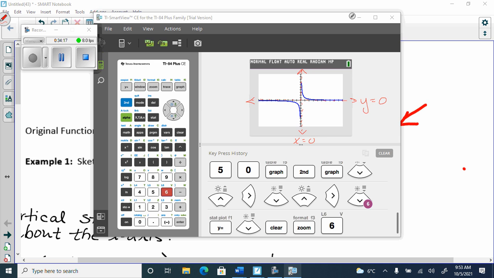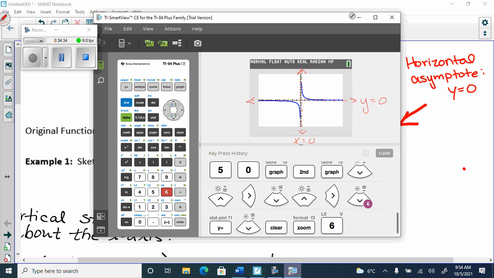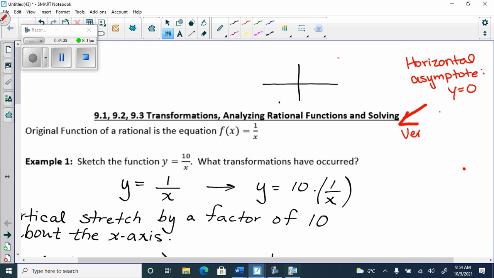So the horizontal asymptote is going to be at y equals 0. And then the vertical asymptote is always an x equals asymptote. So the vertical asymptote is going to be at x equals 0.